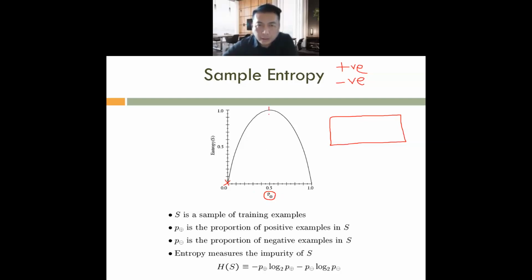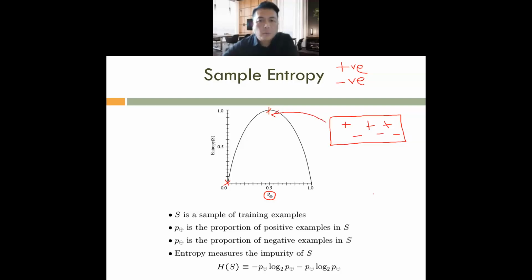When we are here, we have 0.5, meaning that we have 50% belonging to positive and 50% belonging to negative. So we have positive, positive, negative, negative, negative. So this is when we are here.